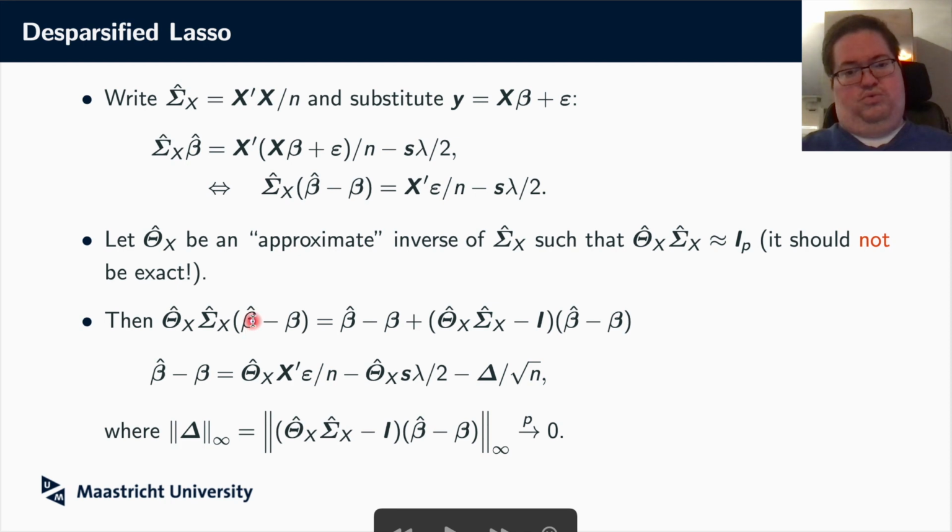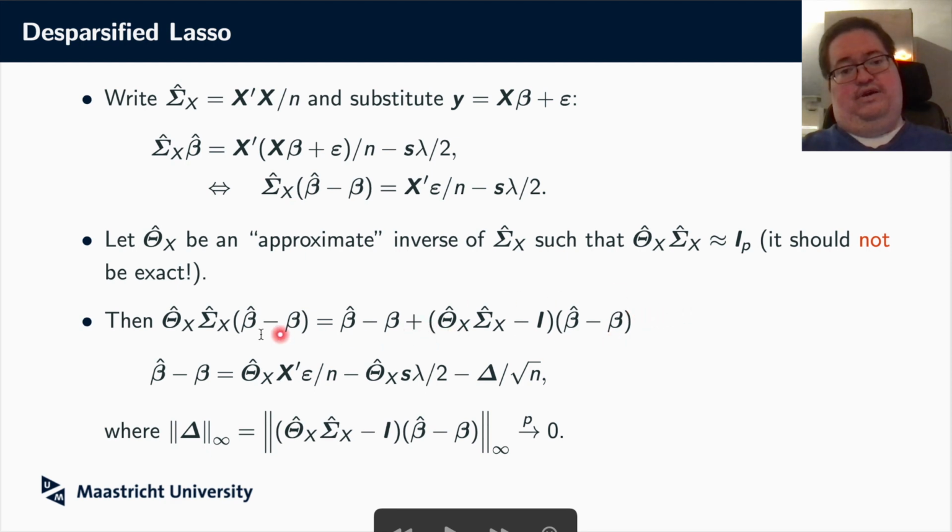And then what we can do is, if we pre-multiply that with that thing, well, you can then say, okay, it's going to be approximately beta hat minus beta, but not entirely. So split beta hat minus beta and add the error that you make in your approximation, and then move this to the other side.